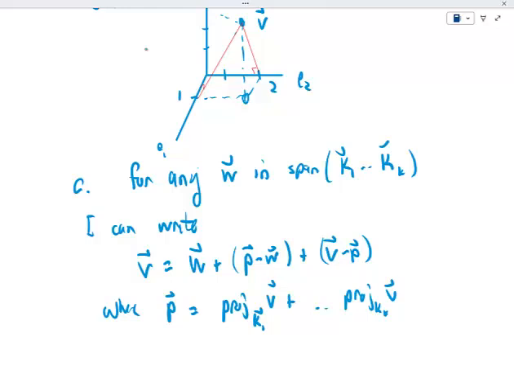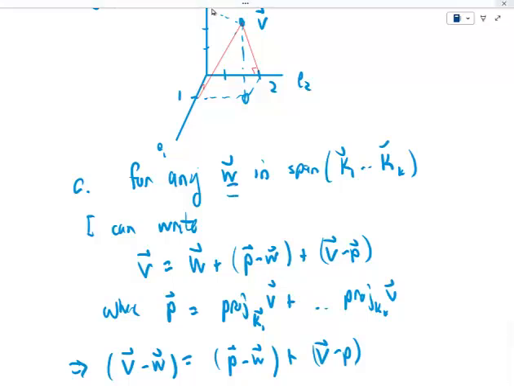So this P is like the P in the previous problem. Okay. So that's telling me that V minus W is equal to P minus W plus V minus P. Okay. And that's for any W in the span.